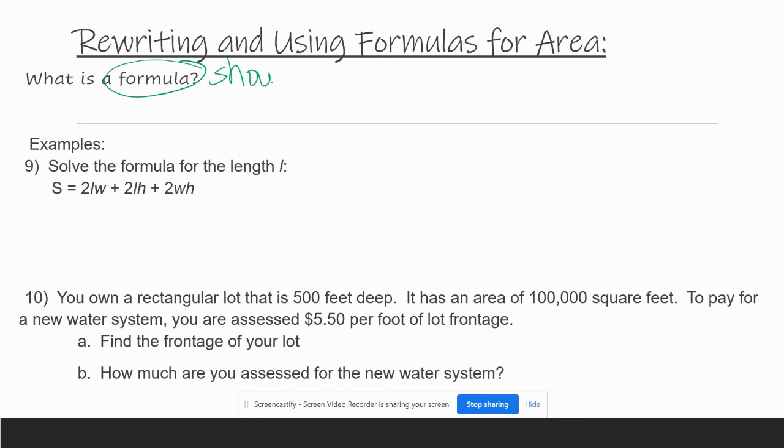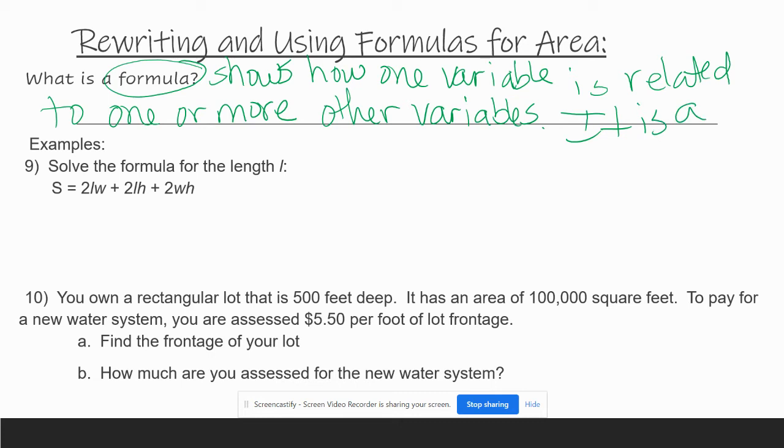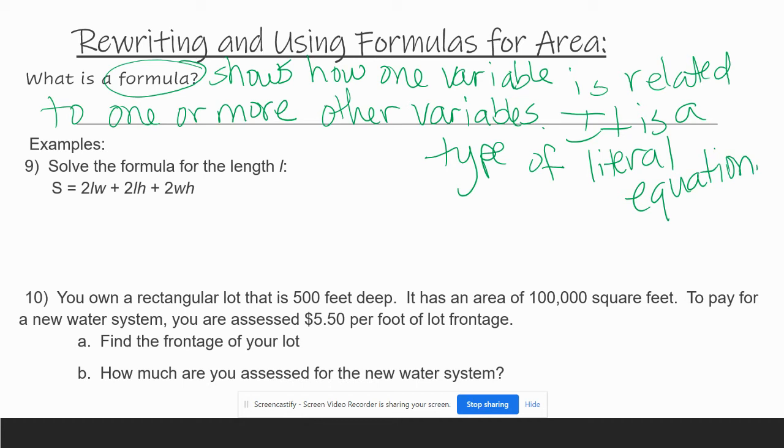A formula shows how one variable is related to one or more other variables, and it is a type of literal equation.